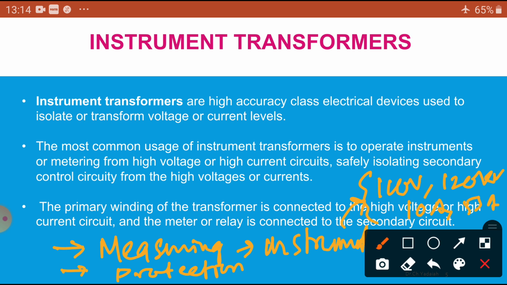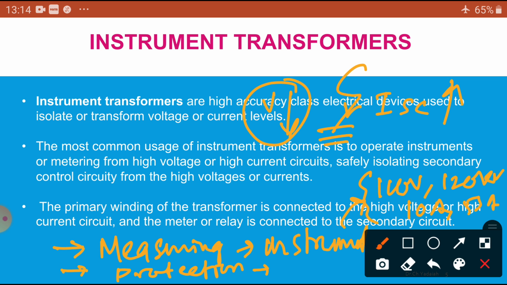Protection. That means whenever the lines fall on the ground, there is an earth fault, then short circuit current, high current, will flow. The voltage will reduce, current will increase. How much voltage decreased, how much current increased in the short circuit line, I want to know.